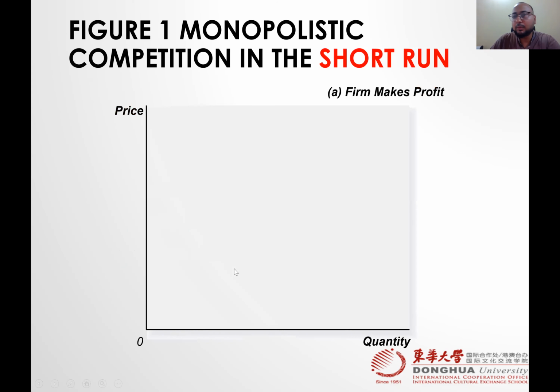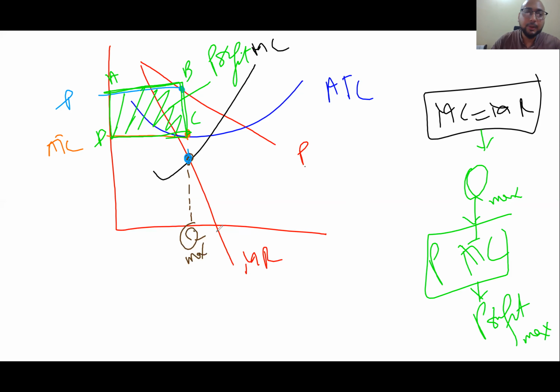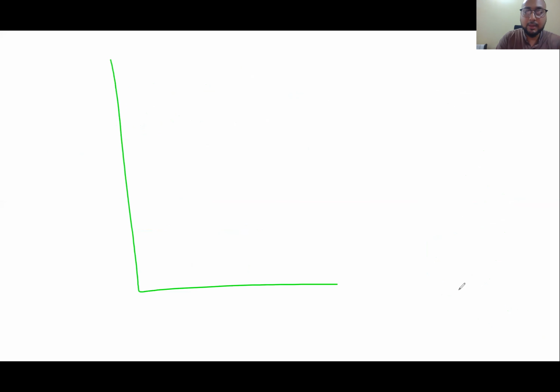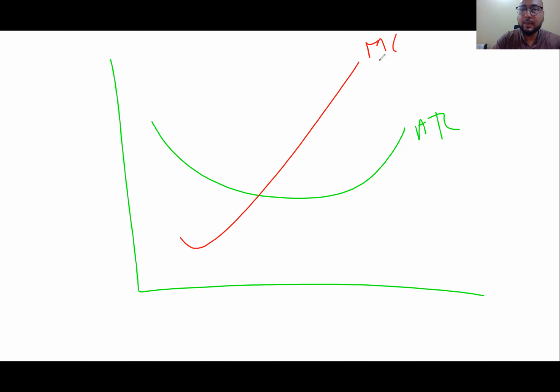So what is the structure here? First of all, let me draw it so that we can understand. Let me make it clear for you. So this is the average total cost. This is the MC.